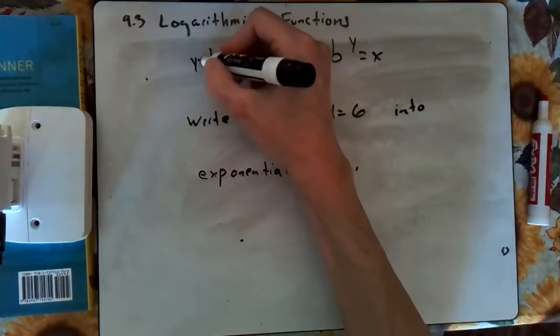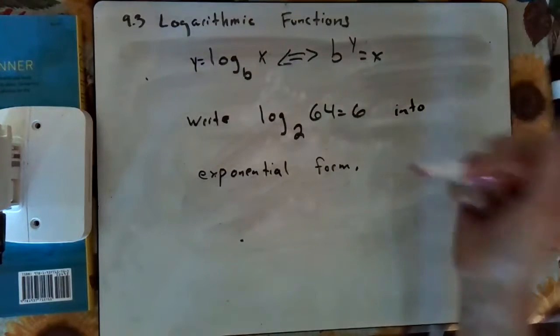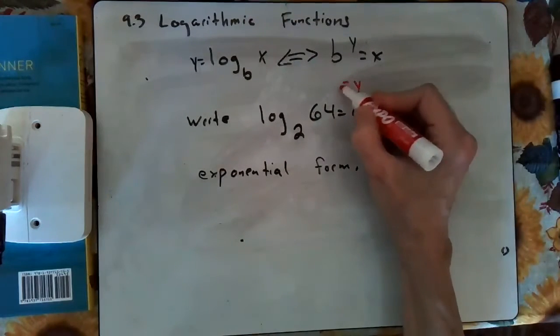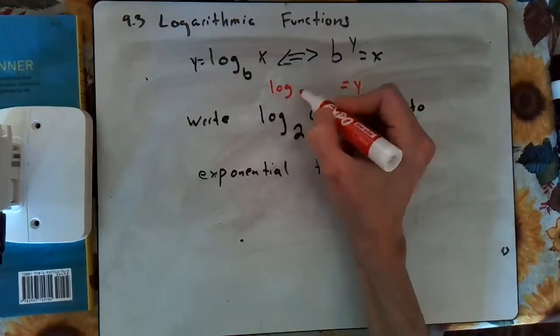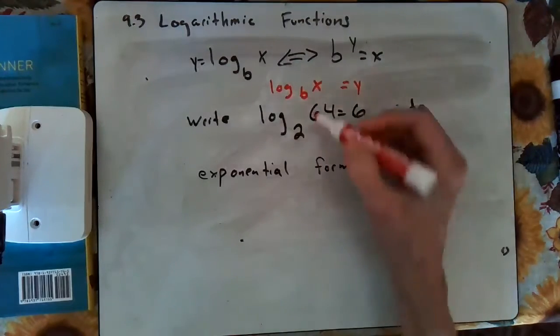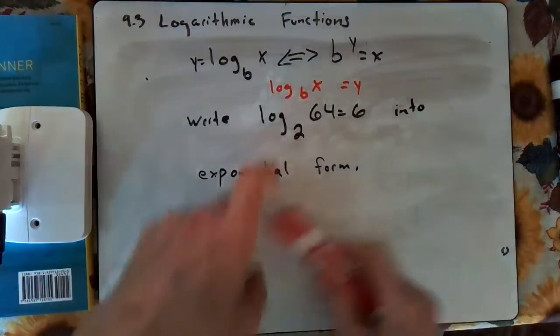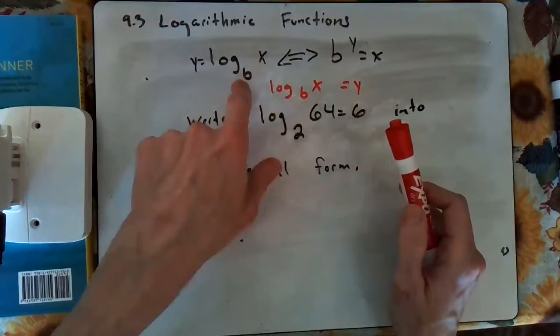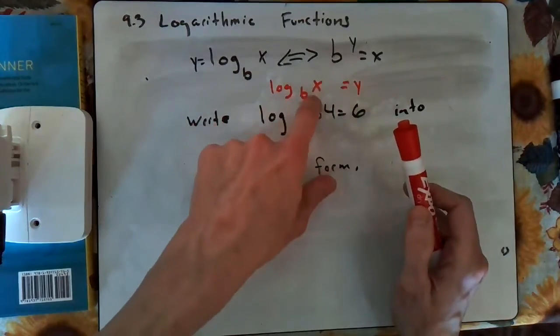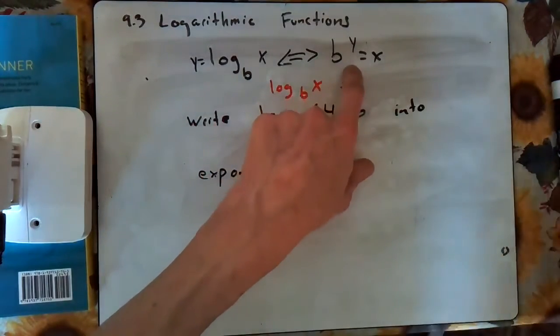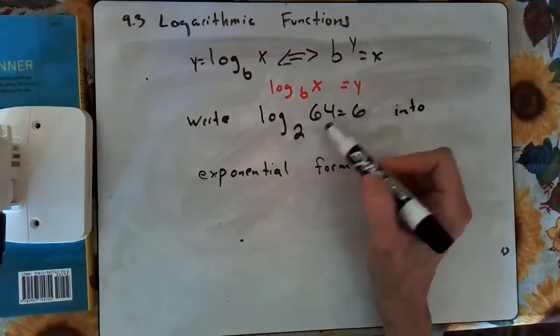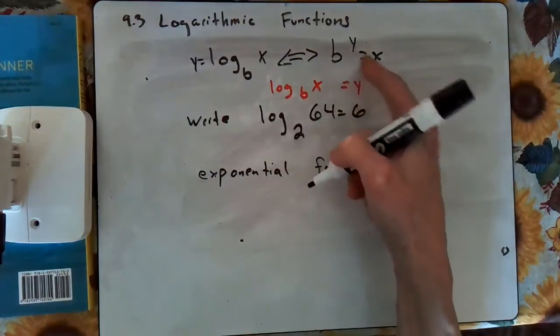So we have y equals log base b of x. All we're trying to do is match the letters, the b with the b, x with x, y with y, and fit it into this format. So the exponential form would be b to the y equals x.